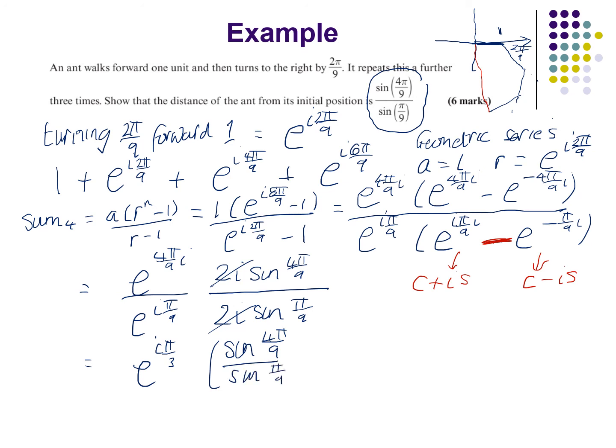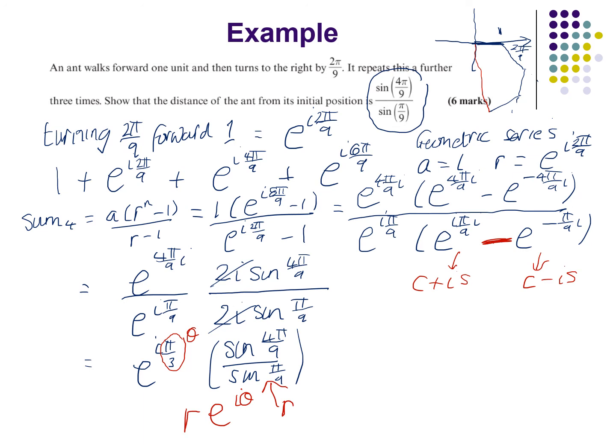Now have a look at what we've got here. This is in the form r e to the i theta. Okay, so this is my theta, that's my argument. This whole thing in the bracket is my r.